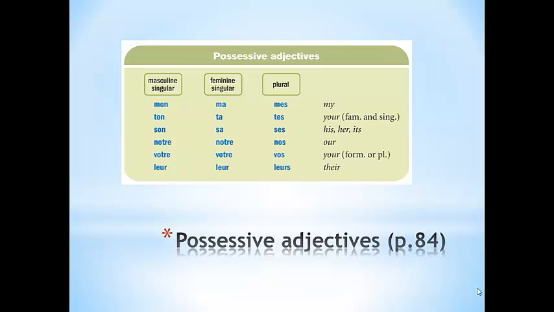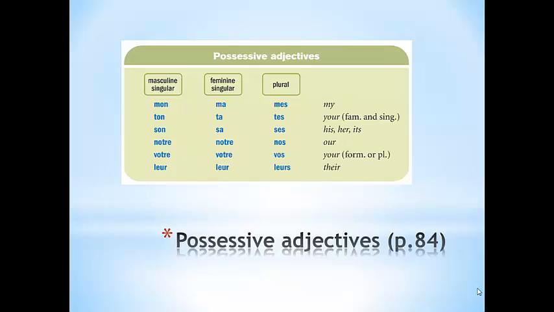So also note that ton, ta, and tes are the familiar and singular versions of your, while votre and vos are the formal or plural forms of the possessive adjective your.